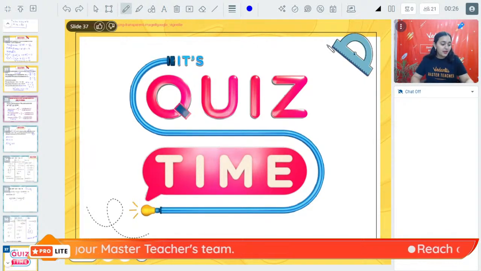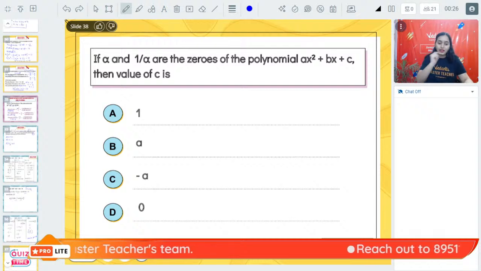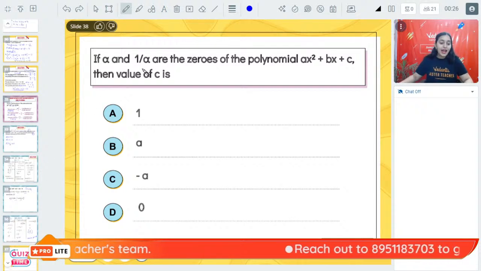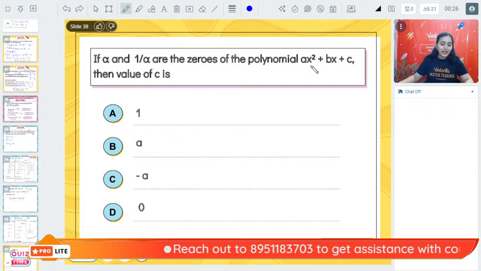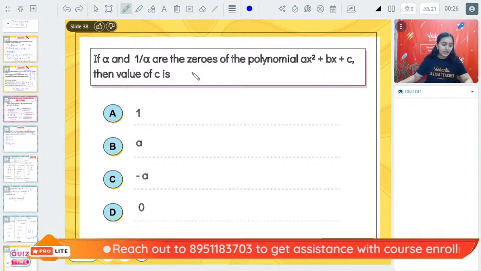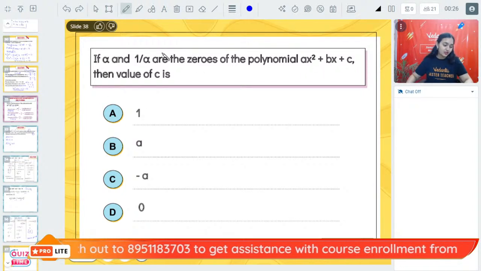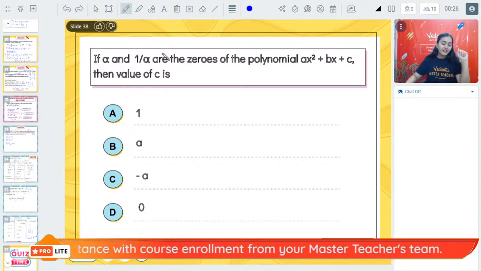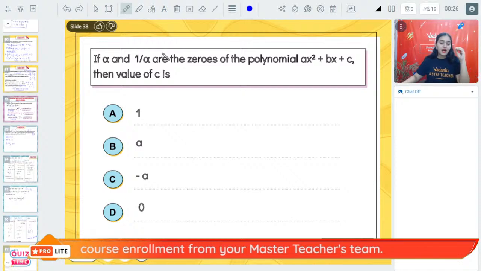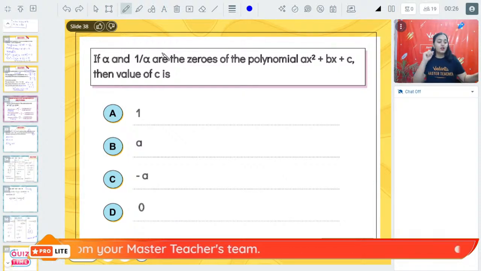So, question number 1 coming up on your screen. If alpha and 1 upon alpha are the zeros of the polynomial ax square plus bx plus c, then the value of c is dash. If alpha and 1 upon alpha are the zeros of the polynomial, then what will be the value of c?